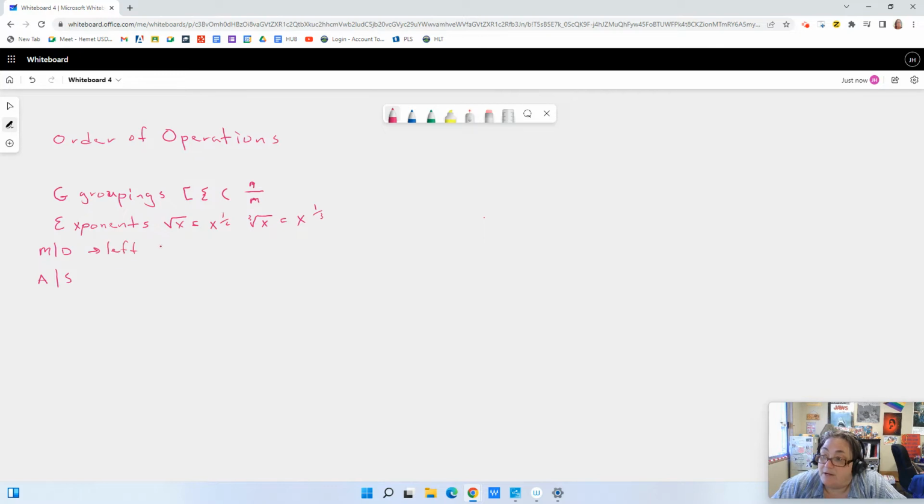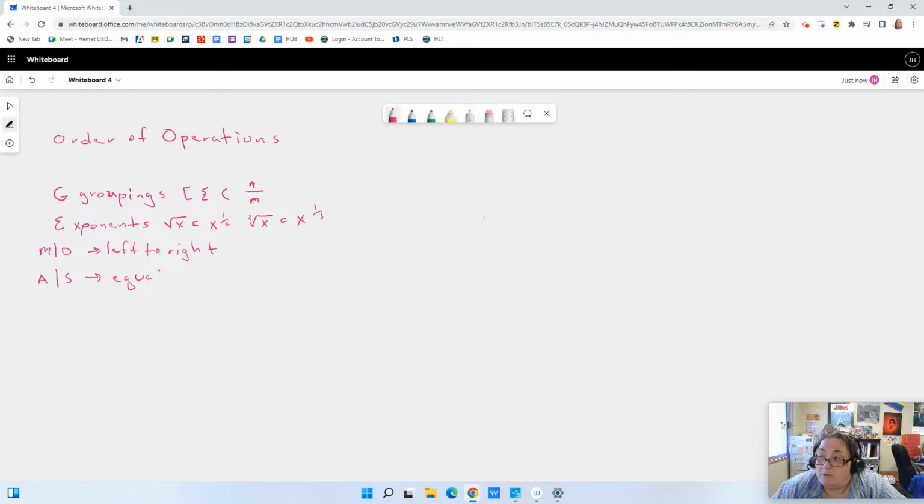If you're reading it left to right, whichever comes first, right? So if multiplication comes before a division, then the multiplication would be first. But if you saw a division before you saw the multiplication, the division would come first. They're equal. Same thing with addition and subtraction.